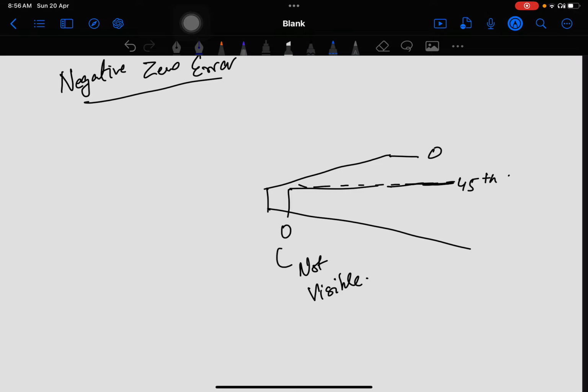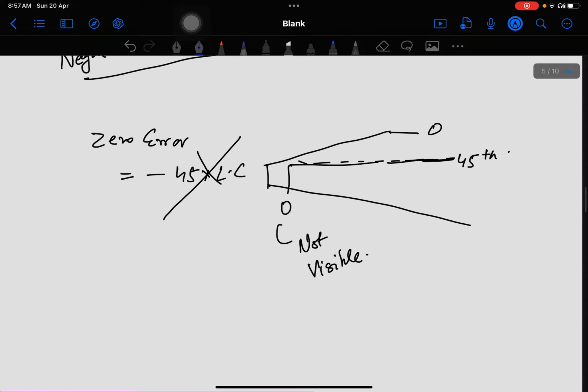So does it mean that the zero error is negative 45 into least count? No, no. Now you open the jam bottle again, rotate it this way. So what will happen to this particular 0?